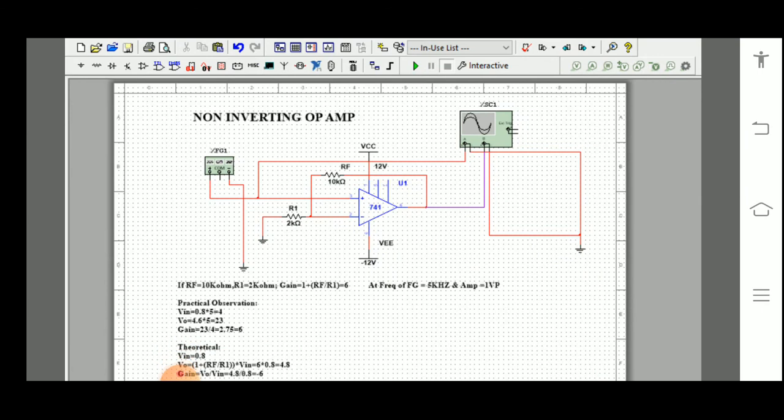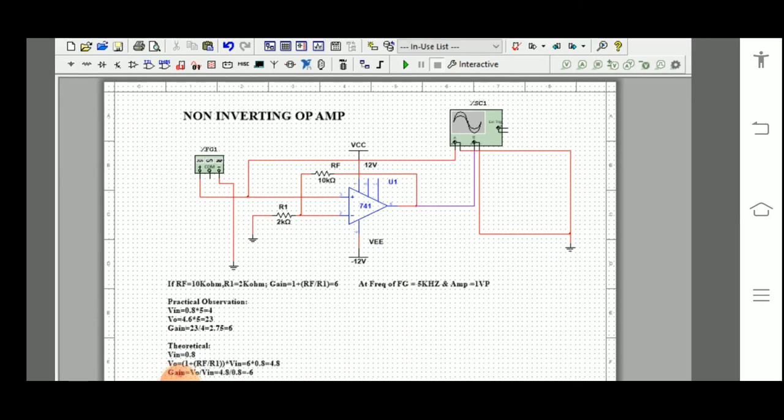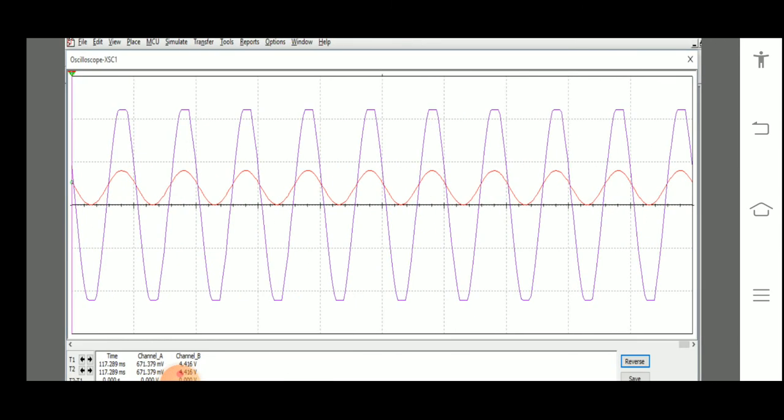After that, in order to view our output and input waveforms, we need to click on the oscilloscope, that is XSC1. When you click that, we are getting the output like this. Here the red color indicates your input, and the purple color indicates your output waveform. So both are in phase with each other.